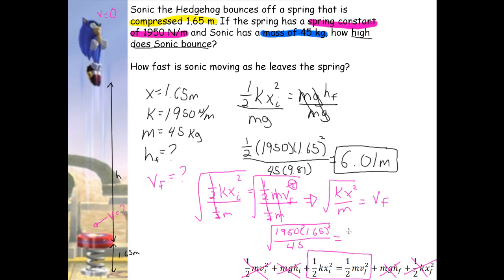Okay, and I came up with the answer of 10.9 meters per second. And so there are my two answers for this problem, and this is how we use the conservation of energy equation involving a spring.